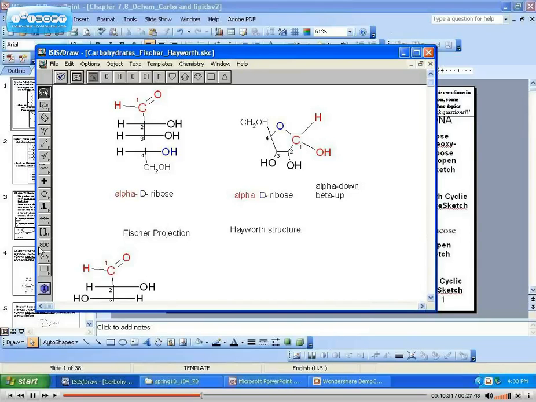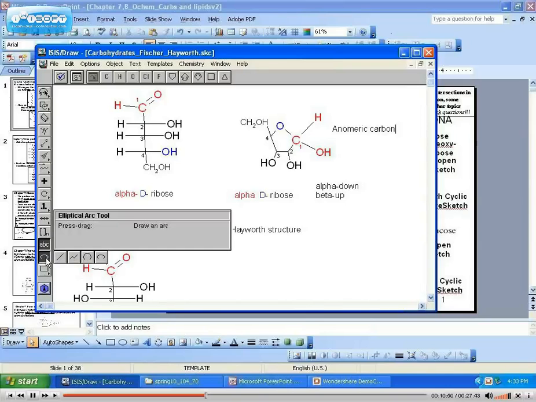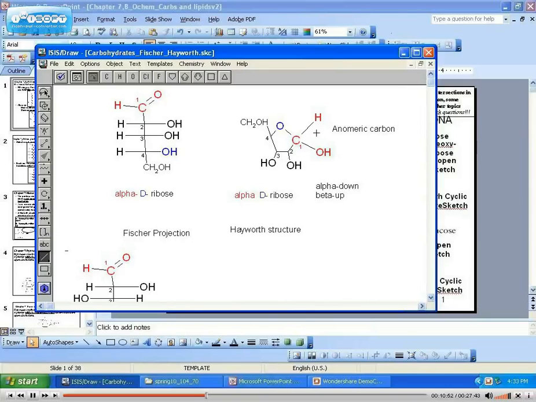But in biochemistry, whenever we refer to this cyclical hemiacetal carbon, we like to give it another name. We like to call this an anomeric carbon. Anomeric carbon. So that is the other name for it. So that's the anomeric carbon.